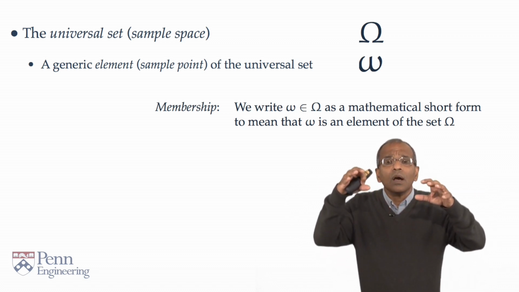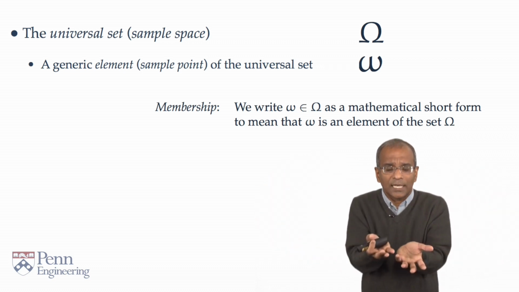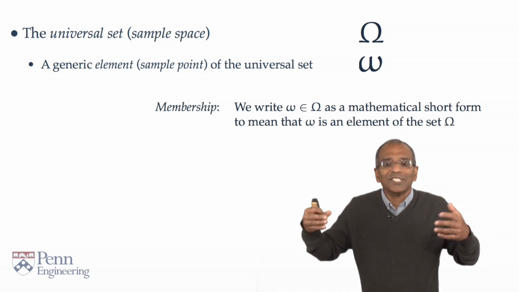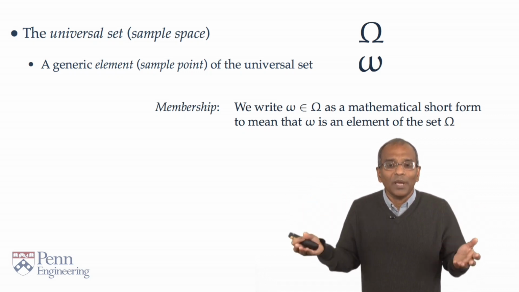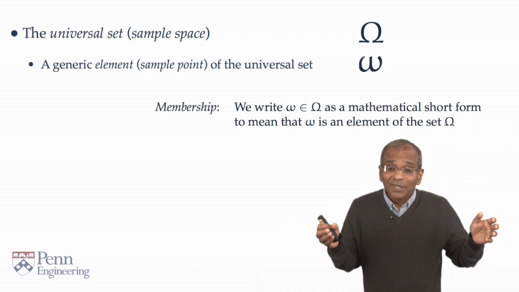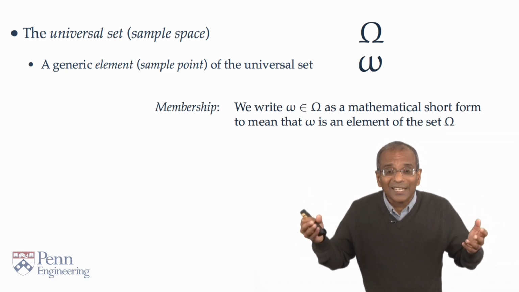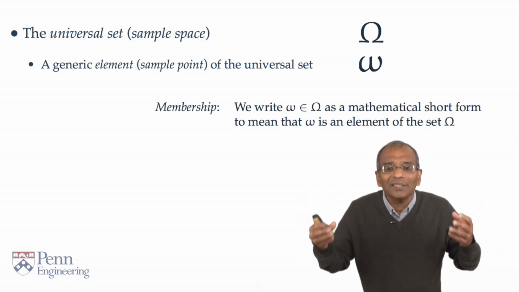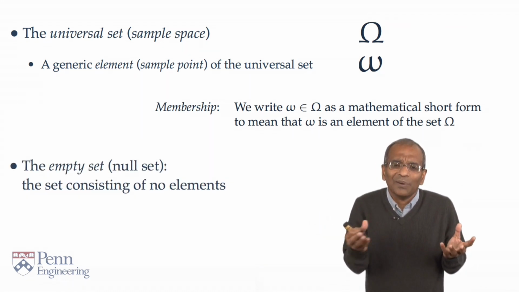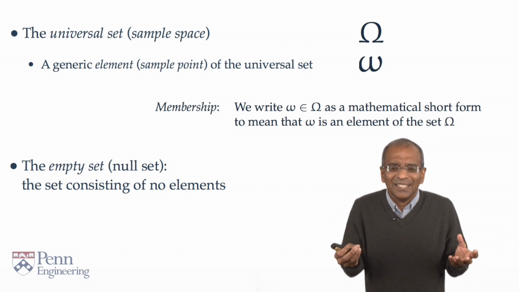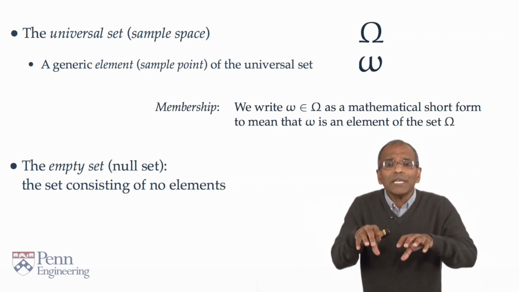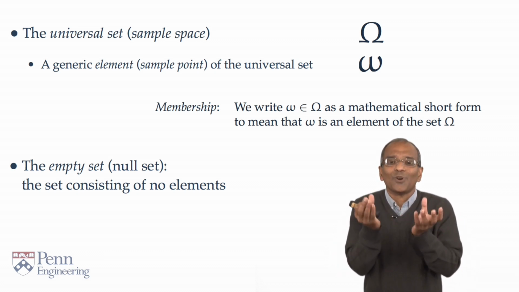So here is one abstract setting at one end of the spectrum, an abstract universal set, uppercase omega. At the other end of the spectrum, we have the trivial set, a set with nothing in it. Now you wonder, why would we bother with something which has nothing in it? Well, it's because, as a preview, we are going to be able to do algebra on these objects.